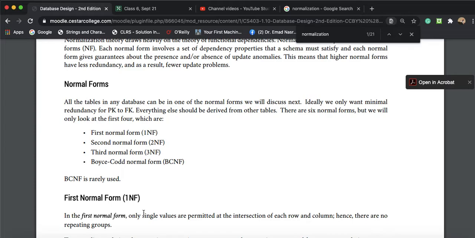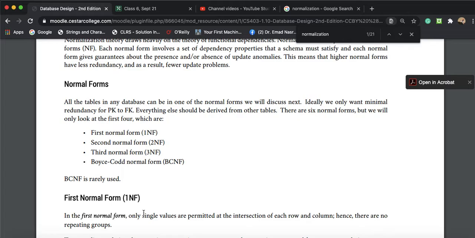If the database achieves second normal form, then it's in the second normal form and the first normal form, because everything in the first normal form is available in the second one, and everything in the second is available in the third, but there are some additional things in the third.